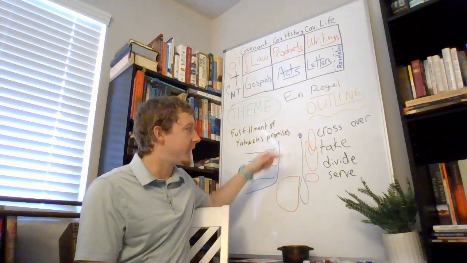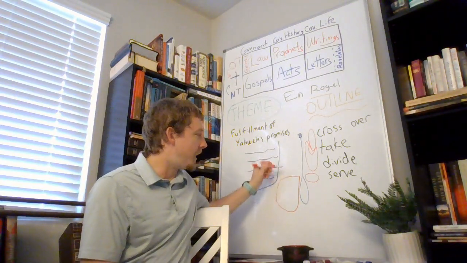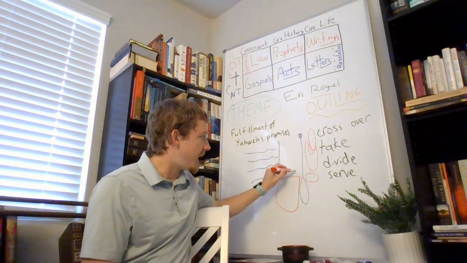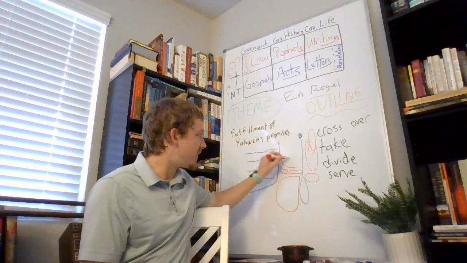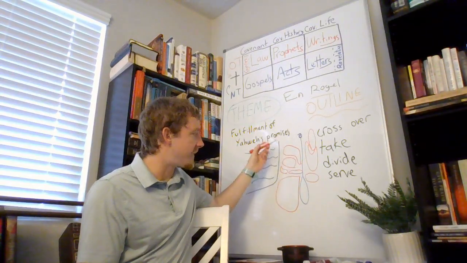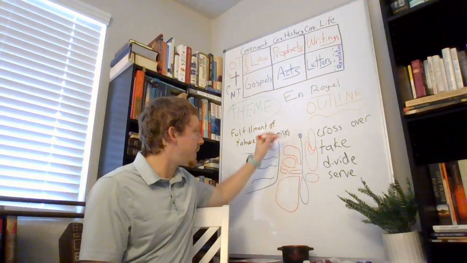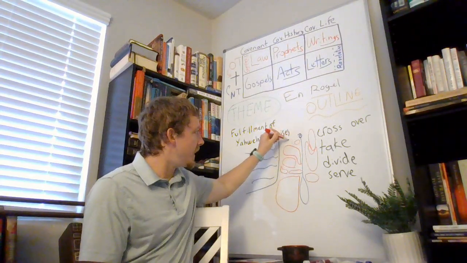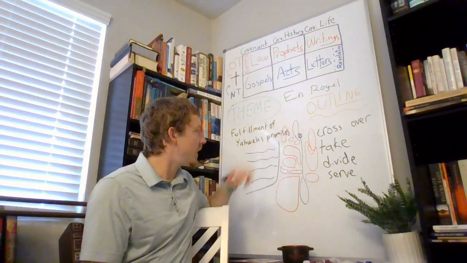You have Reuben and Gad and half of the tribe of Manasseh. Above Judah, you have Benjamin, Dan, Ephraim, and the rest of the other half of the tribe of Manasseh. And then you've got the 4 up here: 1, 2, 3, 4.